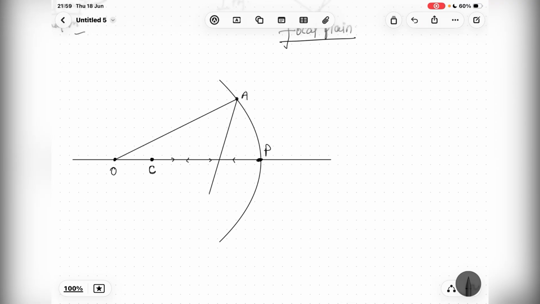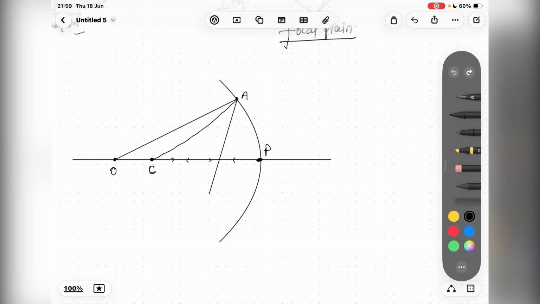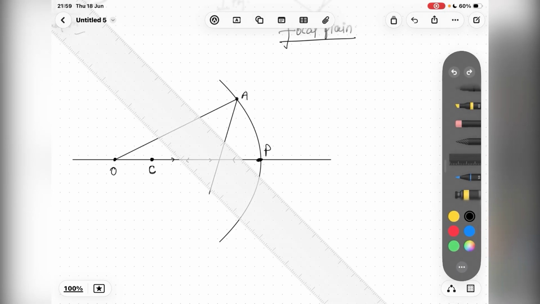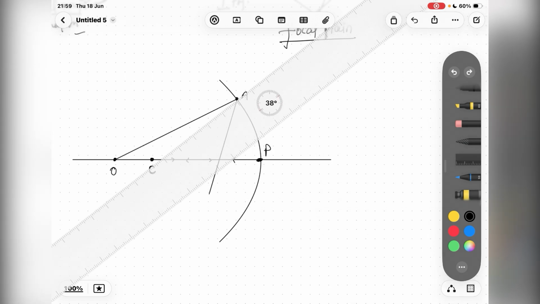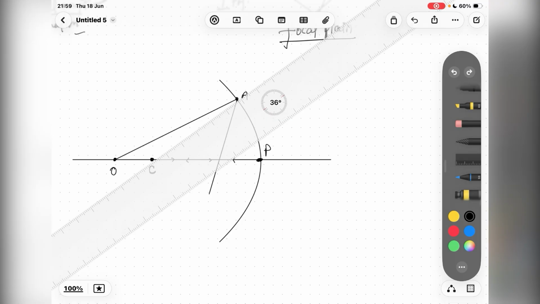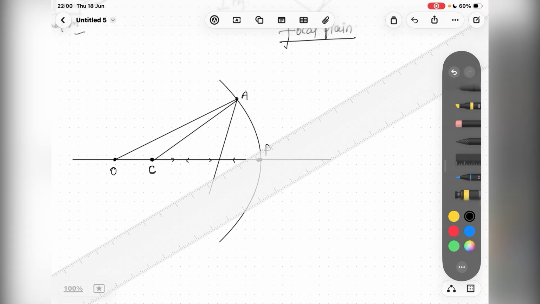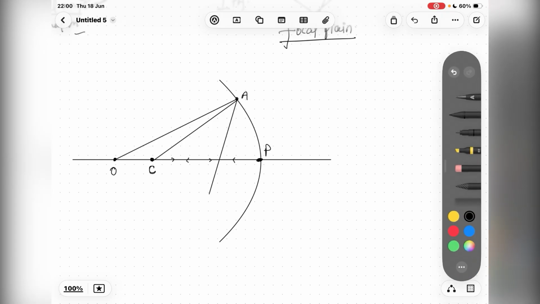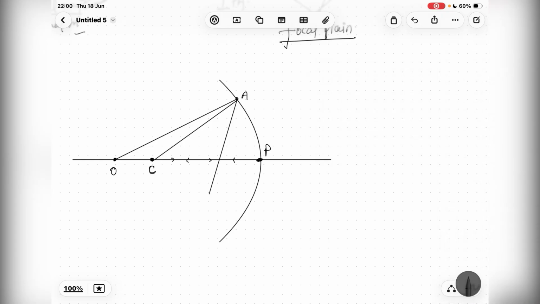Now suppose from the center of curvature we take a line and join the center of curvature and point A. So this will be our radius of curvature. Now here will be our image.